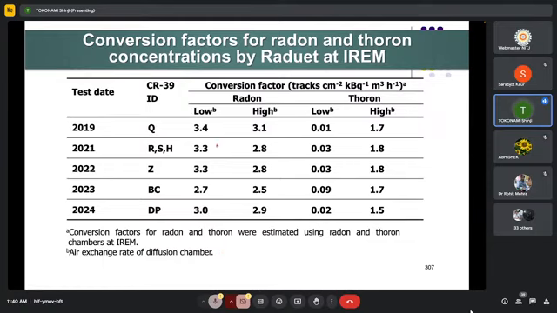But as you can see, the conversion factor is not the same every time, so we have to check the quality of the detecting material.